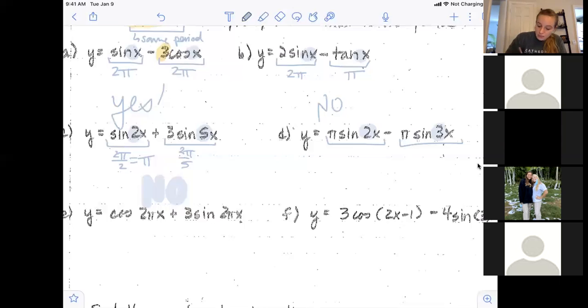What we do care about is the period. So 2 pi divided by 2 in this case, well, we just did that a minute ago. We know that's pi. And then pi sine of 3x will be 2 pi over 3. Well, 2 pi over 3 is not pi. They're not the same, so we're going to say no again.